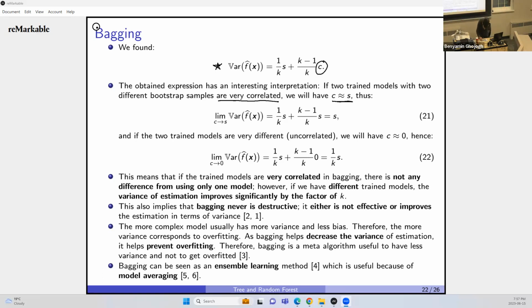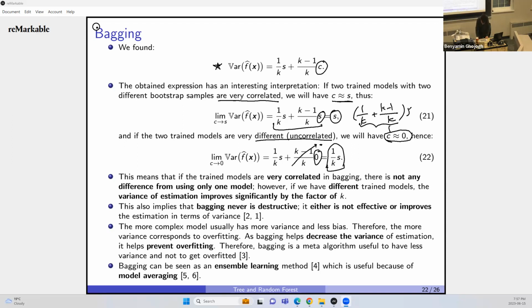Then I can replace this C by S. If you simplify this, it becomes S. Why? Because 1 over k plus k minus 1 over k times S is 1. However, if the two models are too different, uncorrelated, their covariance is 0 according to the Pearson correlation coefficient. Then I can put 0 here, this term goes away, and I will have this.